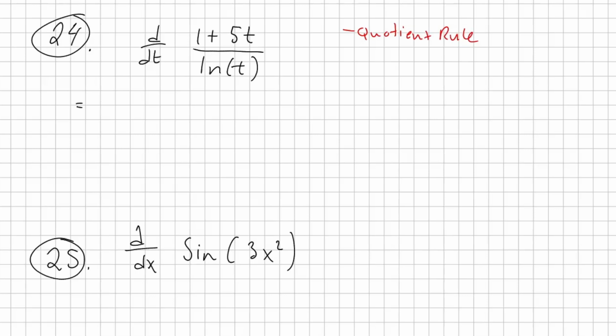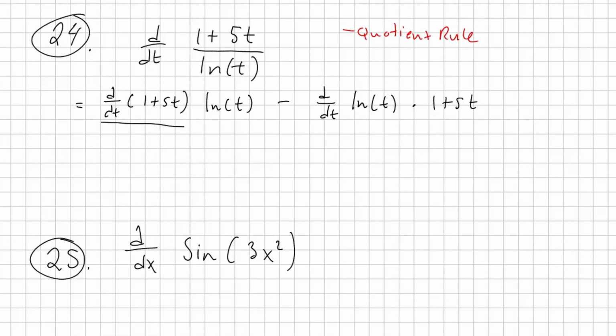So we're going to take the derivative of 1 plus 5t, d over dt of 1 plus 5t, and just have the natural log of t sitting there. From there, we're going to subtract the derivative of the natural log of t multiplied by 1 plus 5t. And this entire thing is going to get divided by the natural log of t, squared.